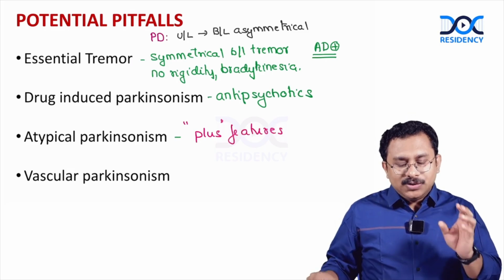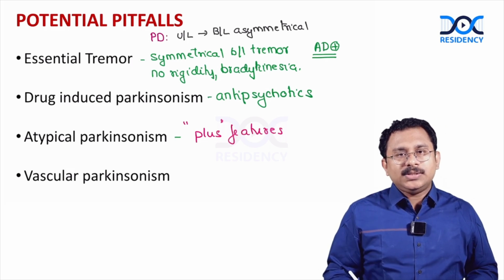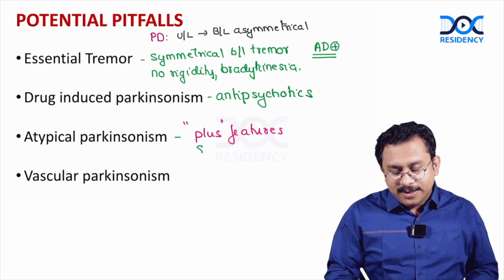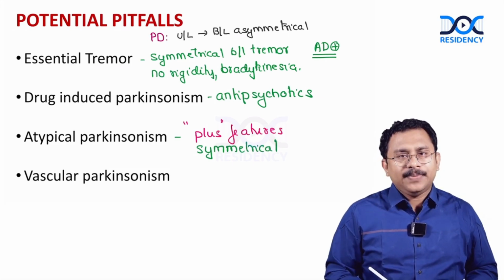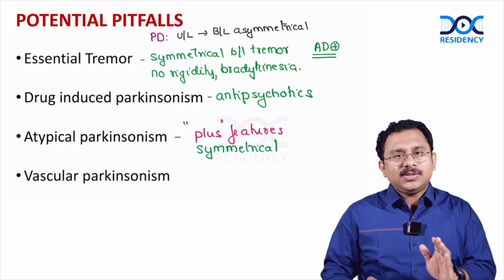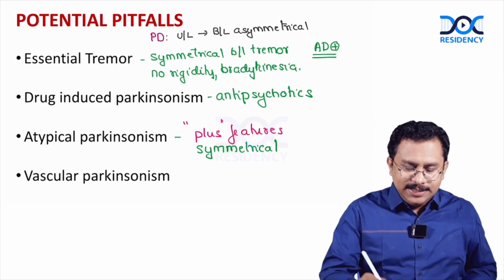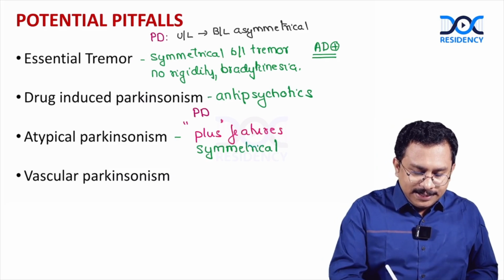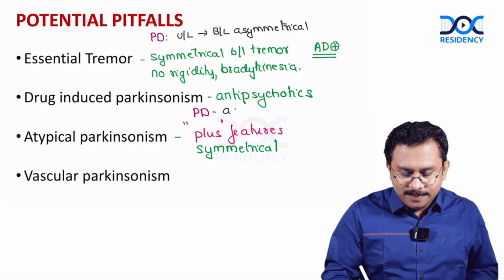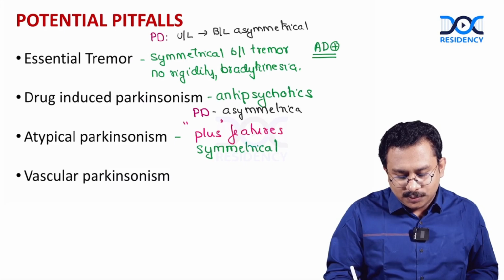And remember, the majority of patients with atypical Parkinsonism usually have symmetrical Parkinsonism, with the exception of corticobasal degeneration. Usually, atypical Parkinsonism is symmetrical, whereas idiopathic Parkinson's disease, or PD, is usually an asymmetrical Parkinsonism.